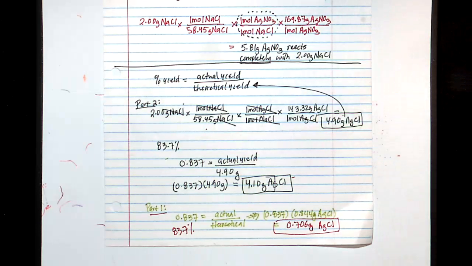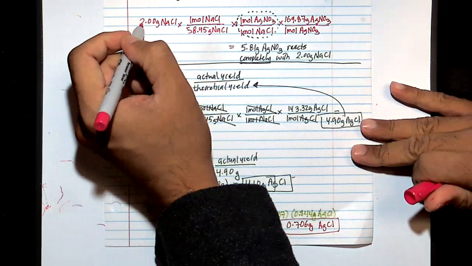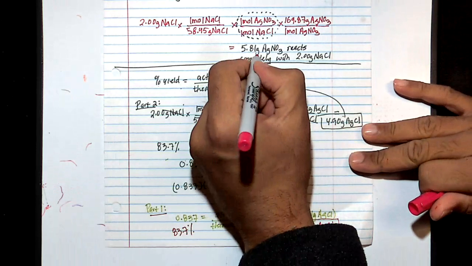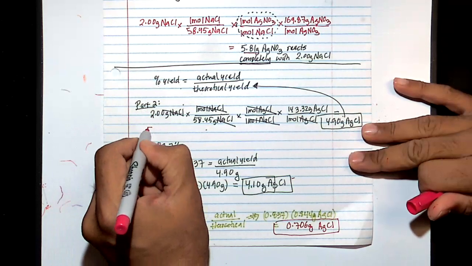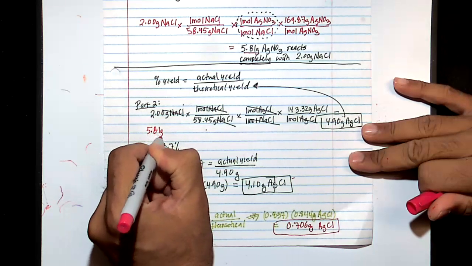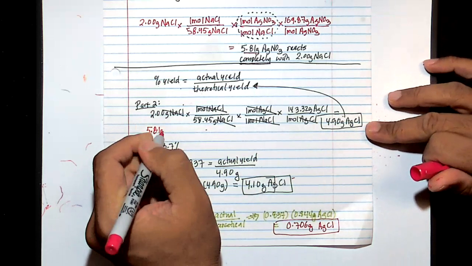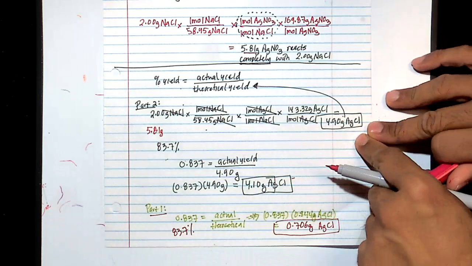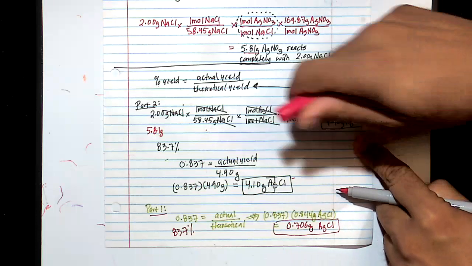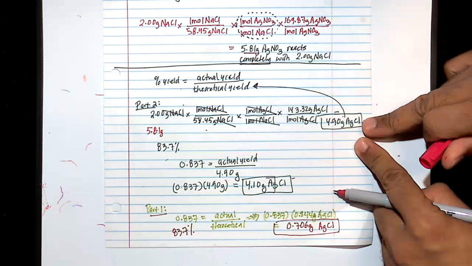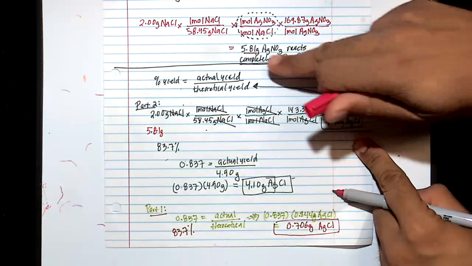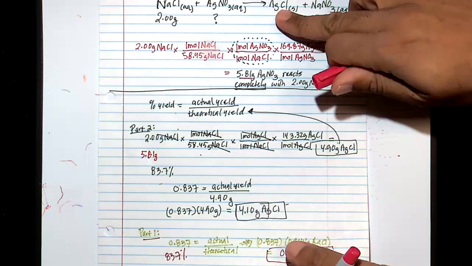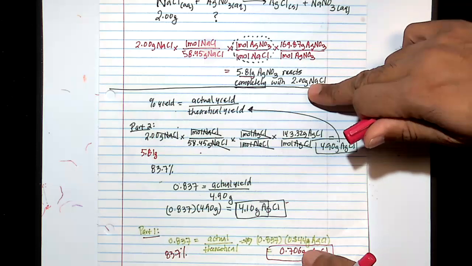Because there's no limiting or no excess, the problem tells you it reacts completely, I could also choose 5.81 grams, and ask how many grams of NaCl would be needed to react completely, or how much AgCl I would produce. So 2 grams produces 4.90 grams of AgCl. How much AgCl would you produce with 5.81 grams?